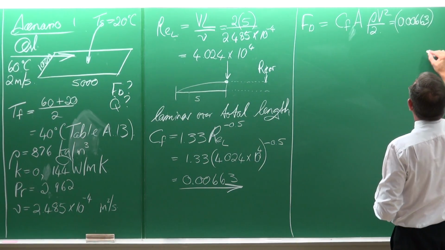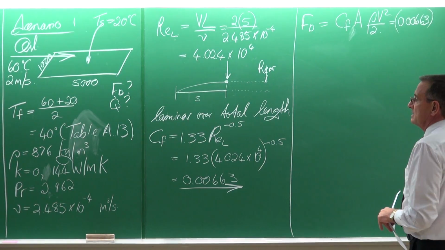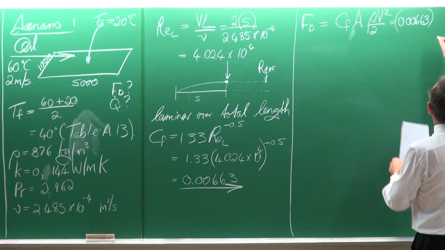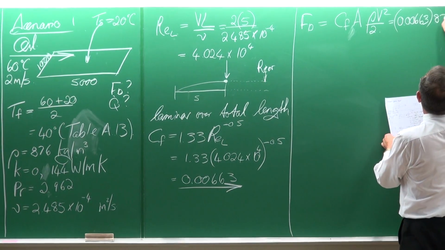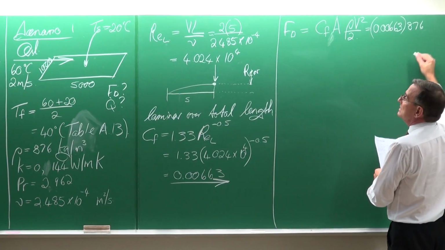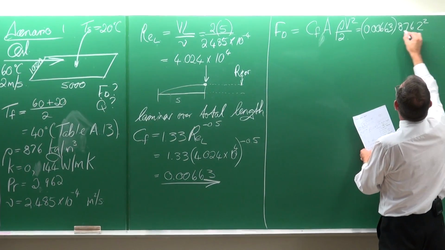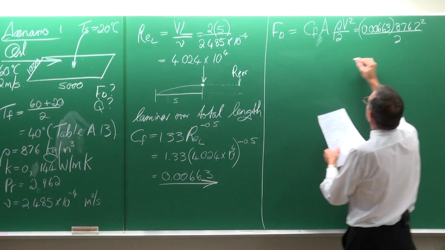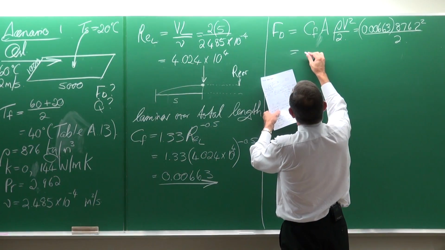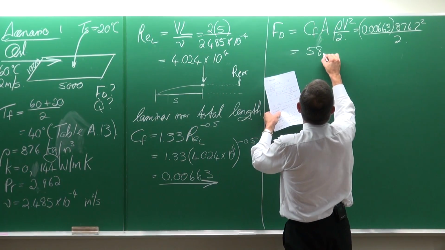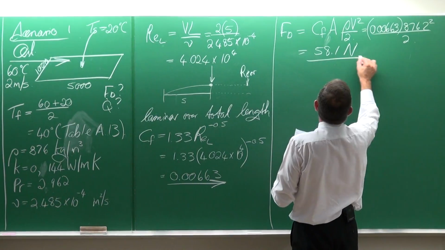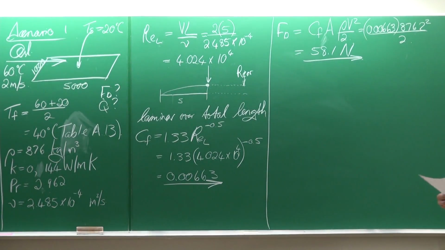We've determined it just now. The density is 876. The velocity is 2 meters per second, so 2 squared divided by 2, and it gives us a small drag force of 58.1 newtons. Okay?